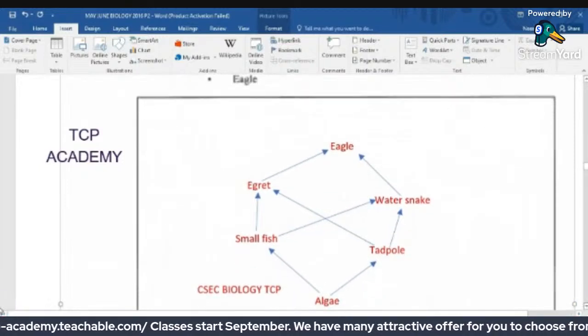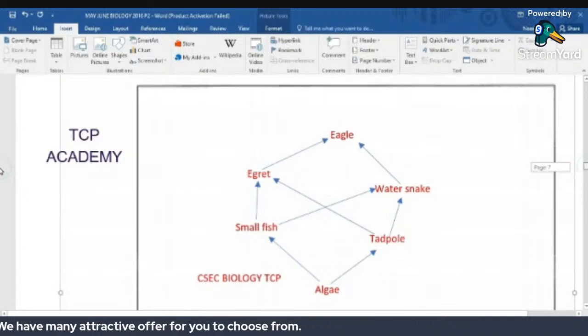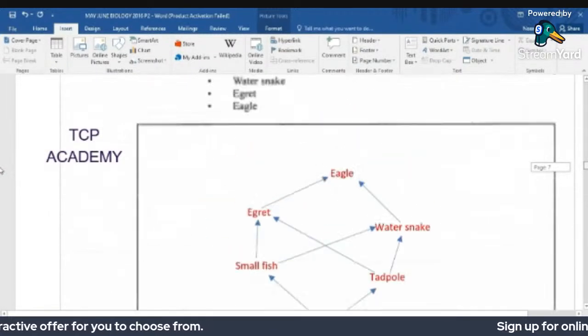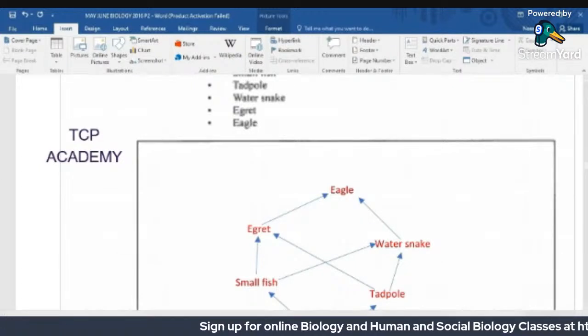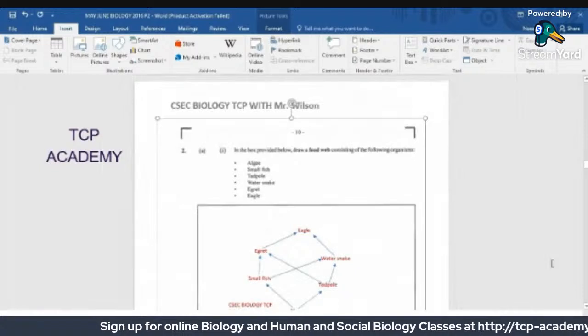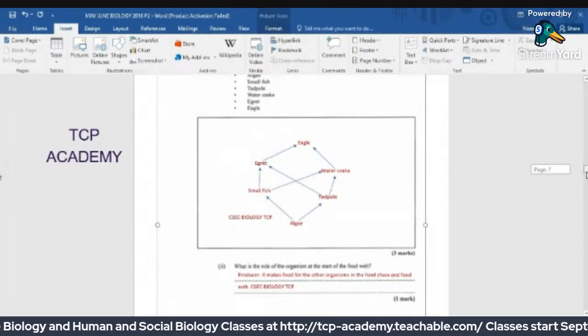So what we know is that the algae are photosynthetic organisms, and they are going to form the base of our food web. Then we are going to have the tadpole, which is of course a primary consumer, and this primary consumer will be feeding on the producer. Just let me show you the entire question here.